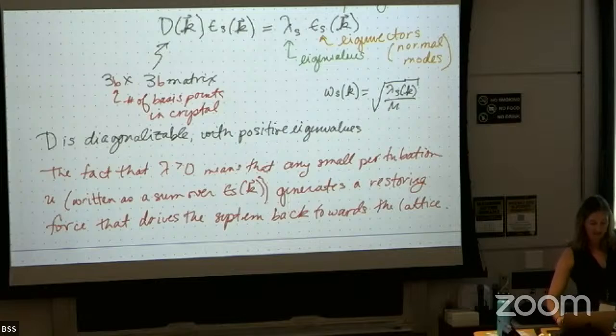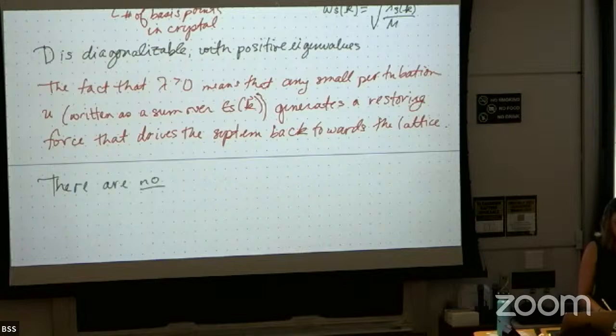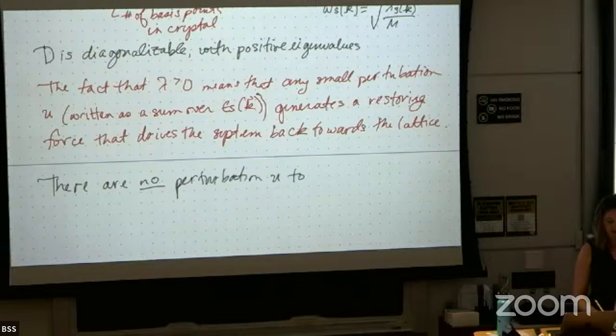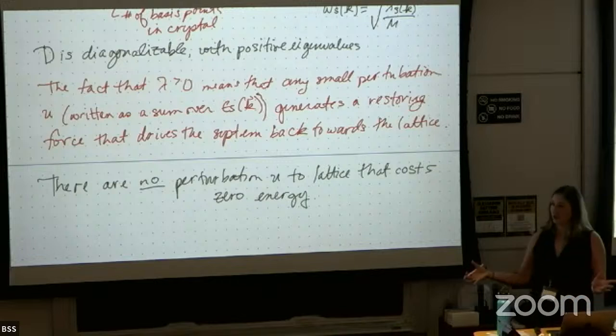It means that there are no perturbations, and I promise there's a reason I'm being so pedantic, sorry, but there are no perturbations. It's not possible to have a perturbation U to the lattice that costs 0 energy. Cool? That's what it means to have a crystal lattice. That's a nice feature of it.